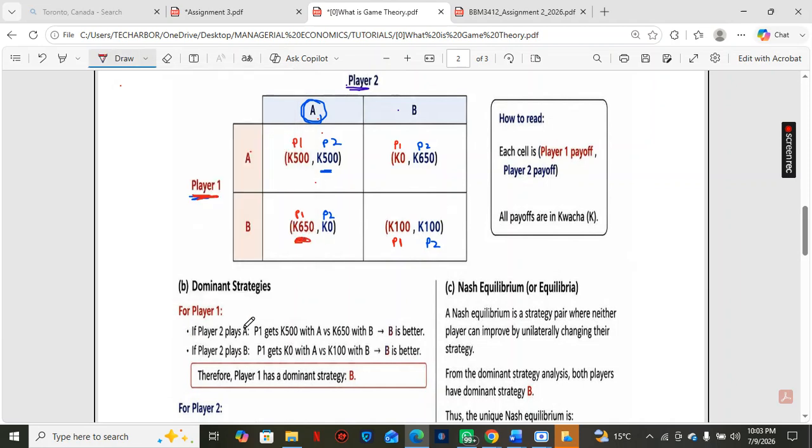If player 2 picks strategy A, they get 500, so player 1's dominant strategy is to pick strategy B. They get a payoff of 650, because if they choose strategy A, they're going to get the same payoff as player 2. So it's better to choose strategy B where you've got a better payoff of 650 kwacha. Any questions?